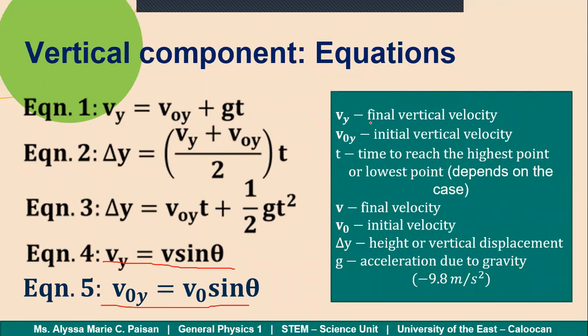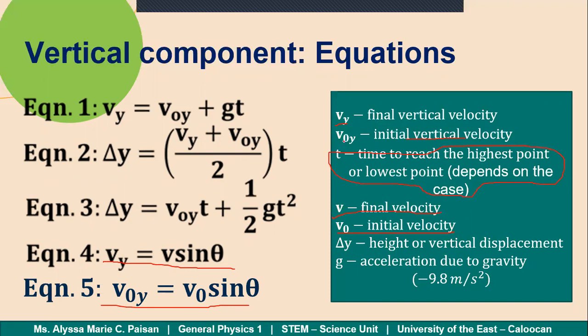The v sub y is the final vertical velocity, meaning v sub y is the y component of v, or the final velocity. And then the v naught y is the initial vertical velocity, which means that it is the y component of our initial velocity. And then the time has the same definition because it is not dependent upon what kind of motion is happening.